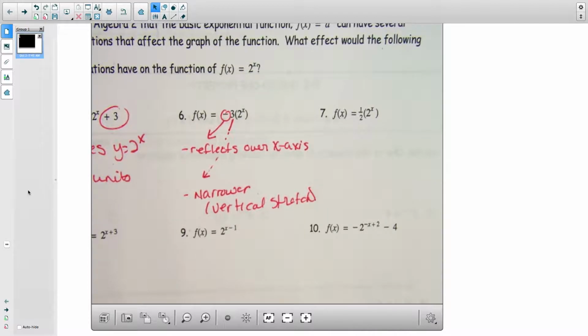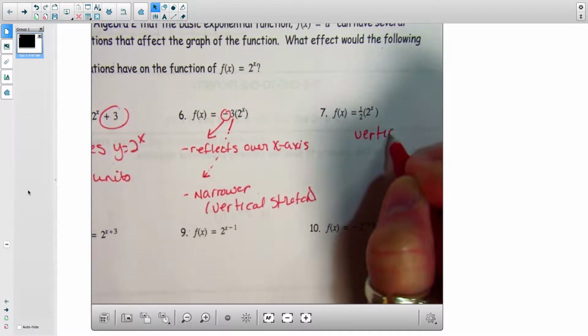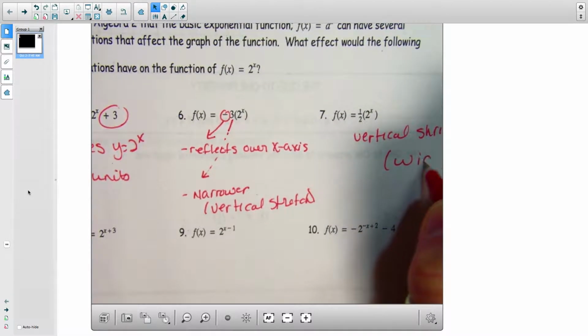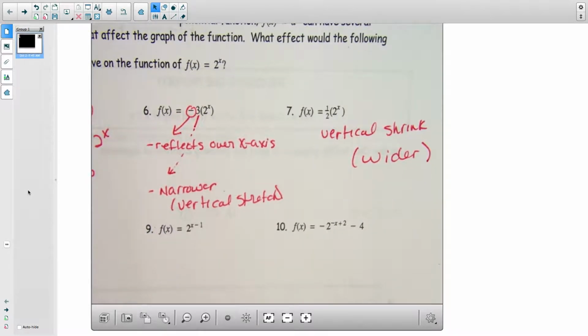So instead of vertically stretching it, we're going to vertically compress it, vertical shrink. Or make it wider. Questions there?